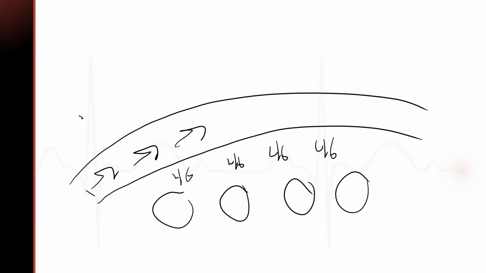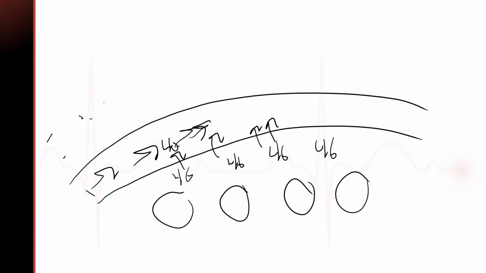And within the oxygenated blood itself, the blood plasma has a partial pressure of carbon dioxide of 40. So carbon dioxide is going to move from the interstitial fluid into the plasma. Right? The carbon dioxide is going to follow its partial pressure gradient. It's going to move from the interstitial fluid, where the partial pressure of carbon dioxide is 46, into the blood plasma of this oxygenated blood, where the partial pressure of carbon dioxide is 40.